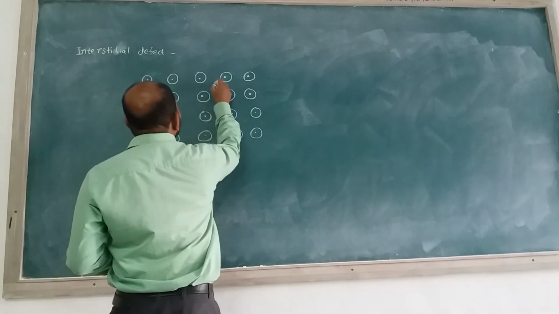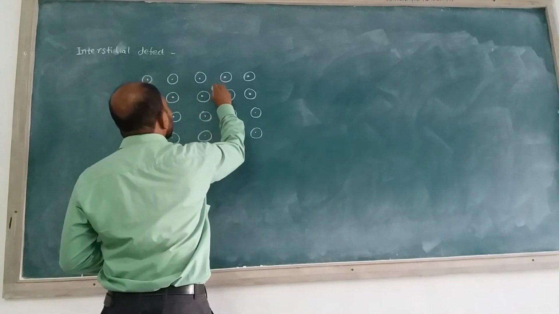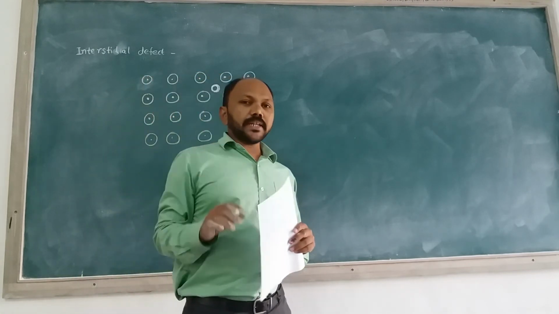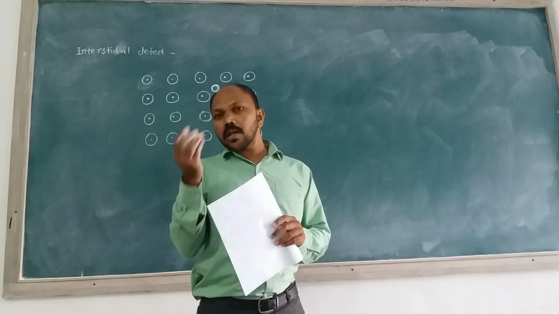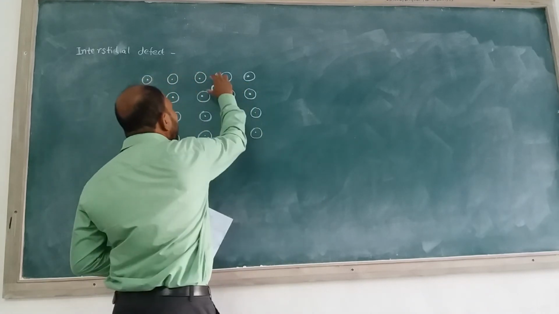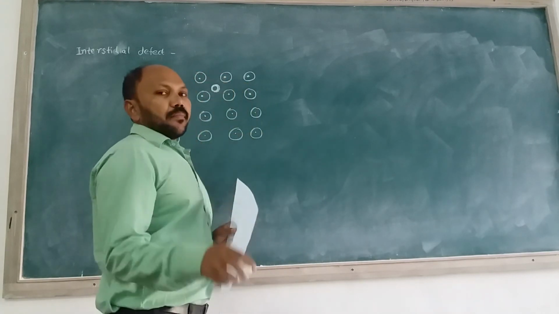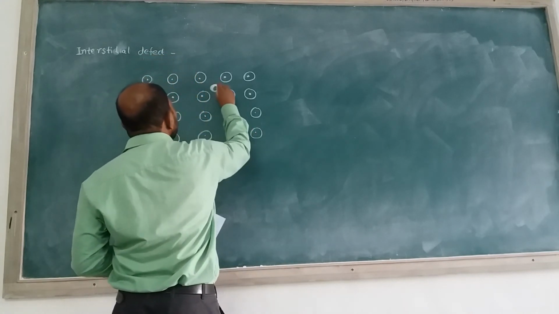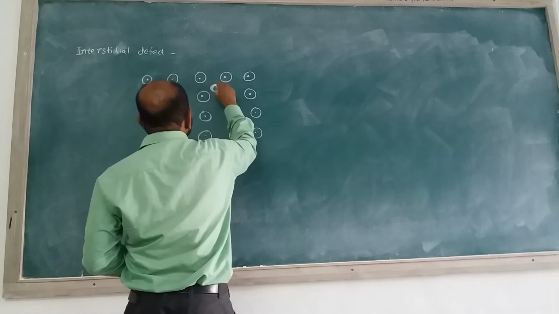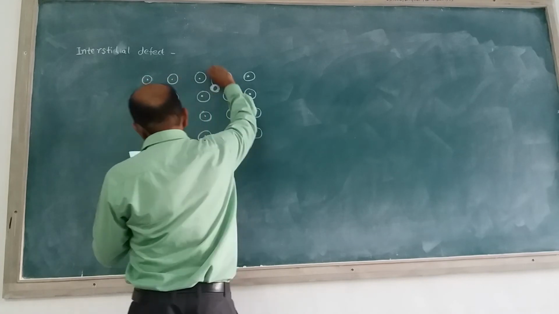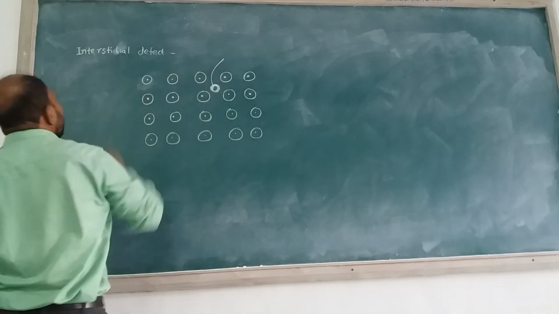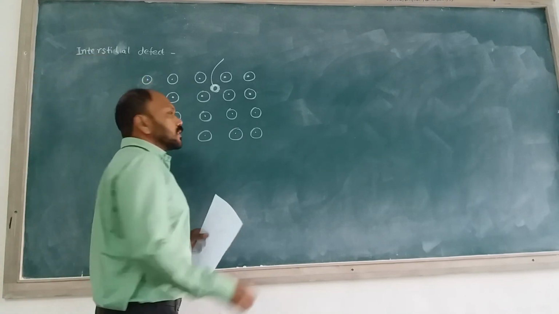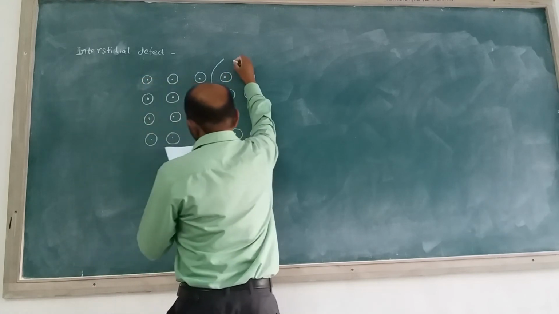Now, say some foreign particle gets inserted in that material, and that foreign particle occupies this vacant space available in between these atoms, then this foreign particle occupies the internal space. So this type of defect is called an interstitial defect. Okay, this defect is called an interstitial defect, and this is the foreign atom.